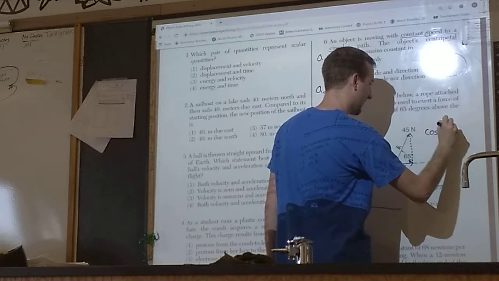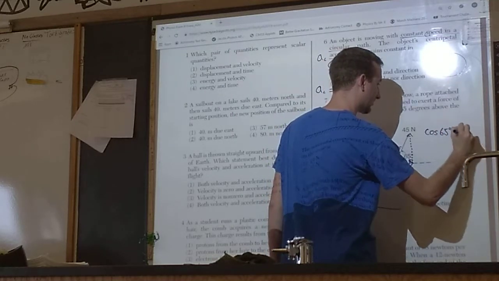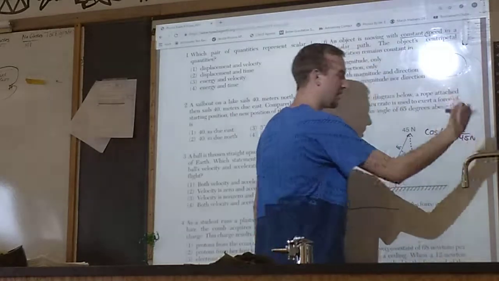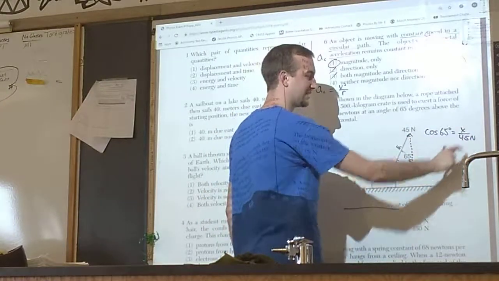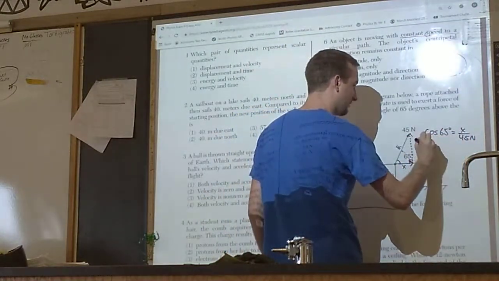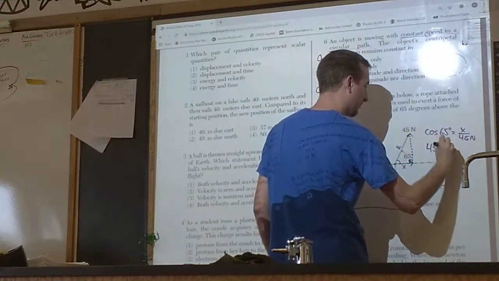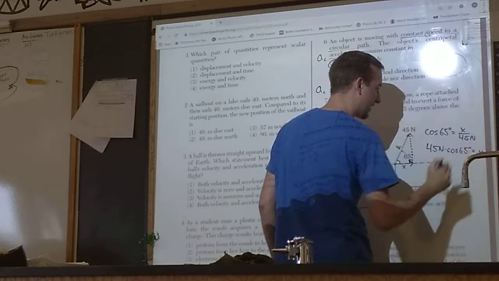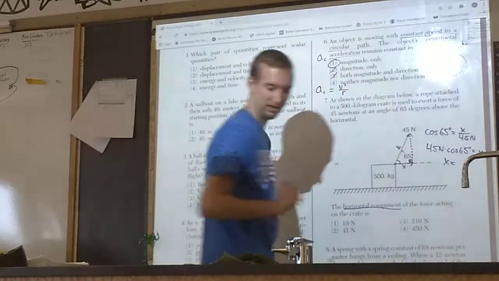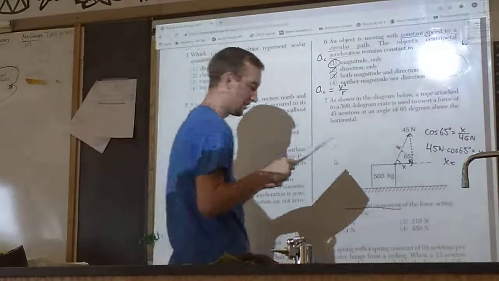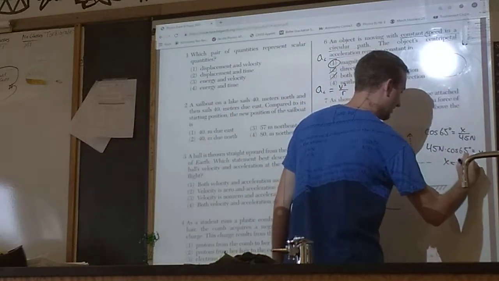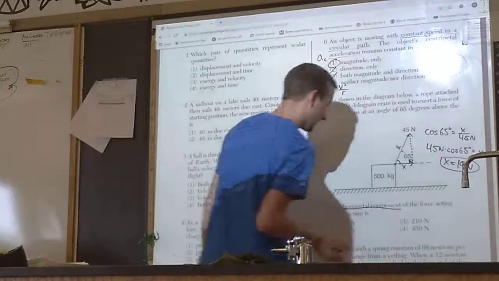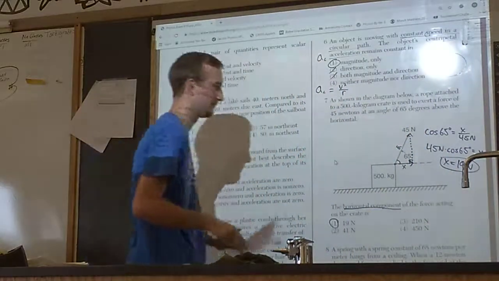Cosine 65 degrees equals x over 45 newtons. I rearrange this to get x by itself, meaning I multiply both sides by 45 newtons. I come out with 45 newtons times the cosine of 65 degrees equals x. Therefore, x equals about 19 newtons. That would be choice number 1.